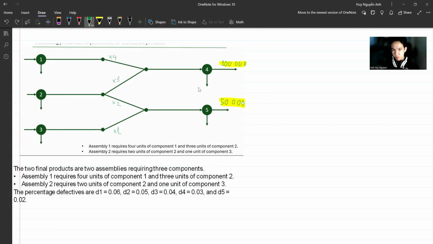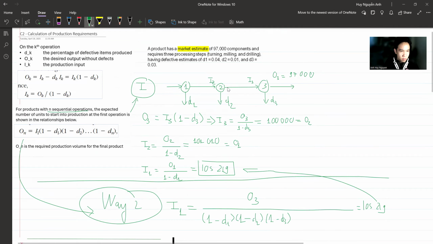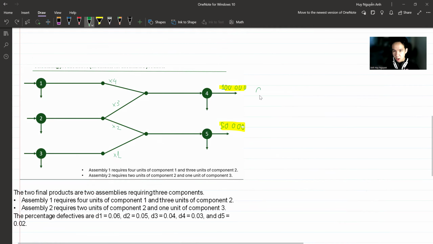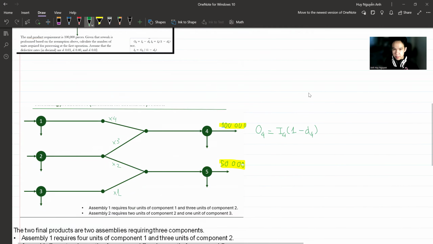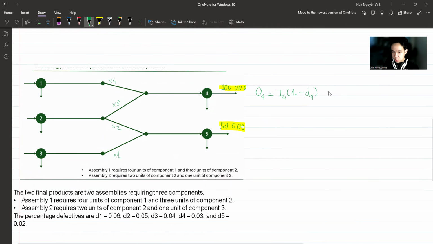Now let's move backward. So here, 100,000 is O4, right? Let me write the formula. O4 equals I4 times (1 minus D4), right? Now we already have O4, so we can calculate I4.